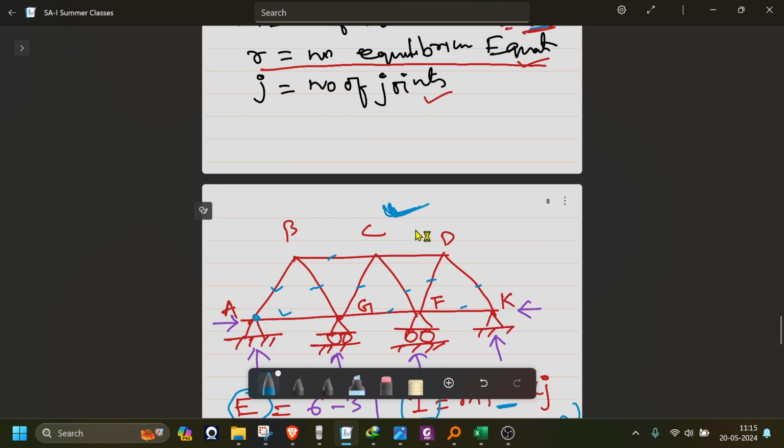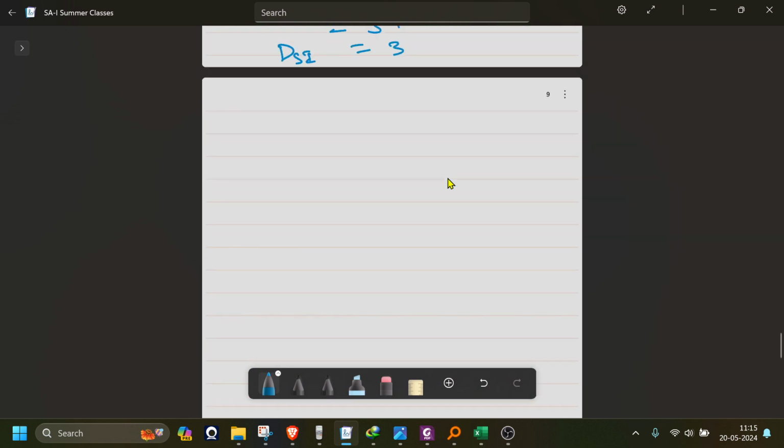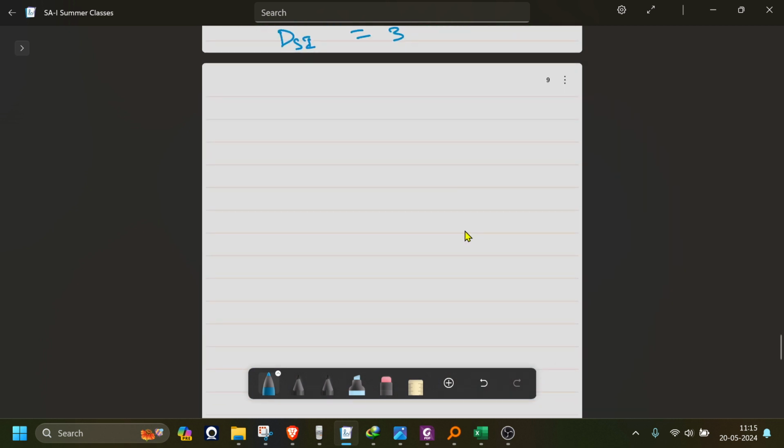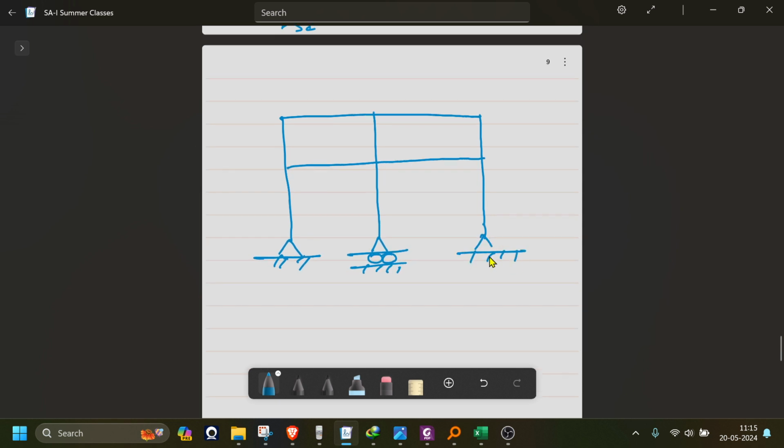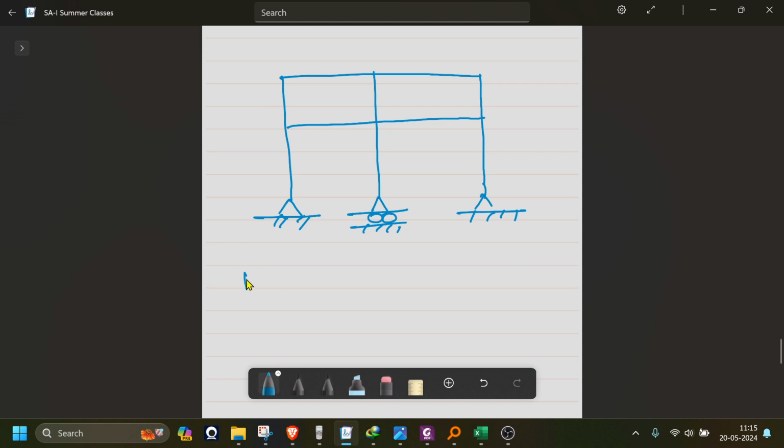Okay, let's go a little bit further. I have a frame like this. Right? Tell me the degree of external indeterminacy first, then tell me the internal indeterminacy, then tell me the total.